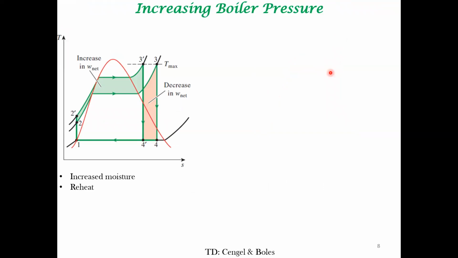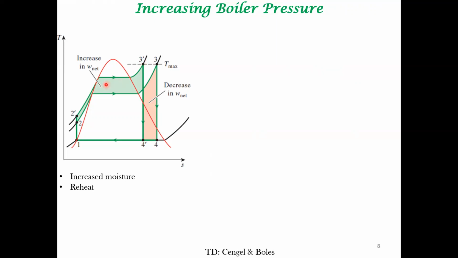Then there is another approach, that of increasing the boiler pressure. If you increase the boiler pressure, you are not operating on this line. You are operating on a different line. So you can be at a higher temperature.